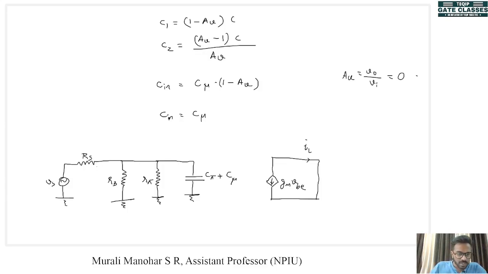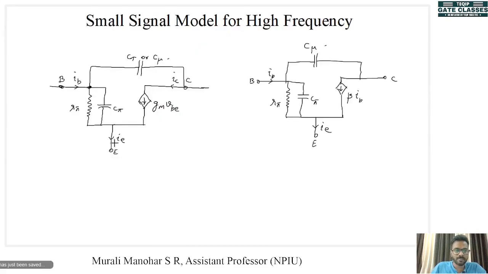Now our input voltage is here, which is Vi. This is nothing but the voltage between base and emitter, which is VBE. So Vi is equal to VBE, and now we can write the value of current gain.